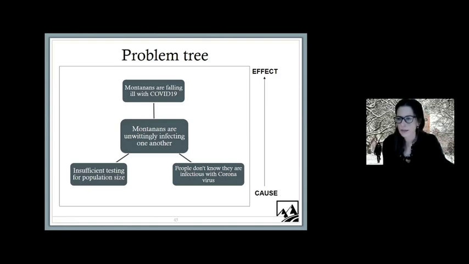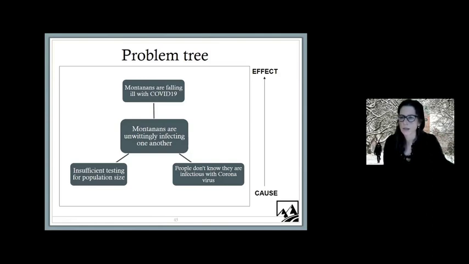And the other one is people simply don't know that they are infectious. What that leads into is a situation where Montanans are unwittingly infecting one another. And the effect is that more Montanans are falling ill with COVID-19.